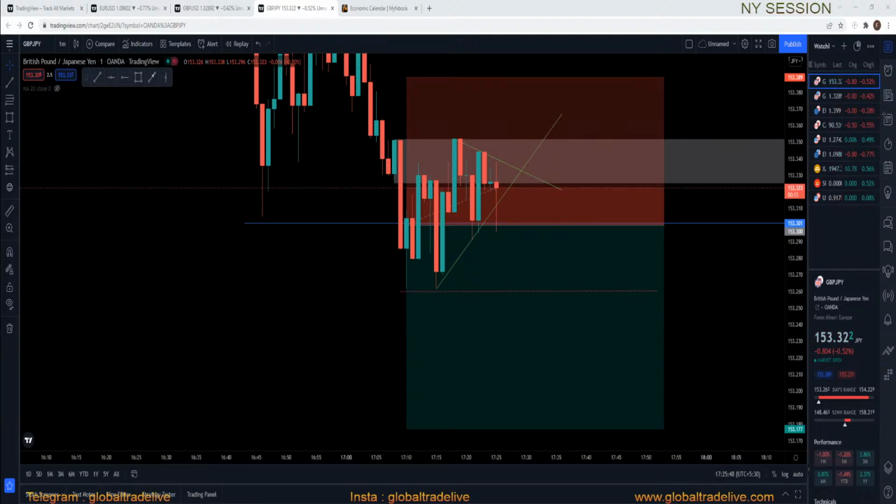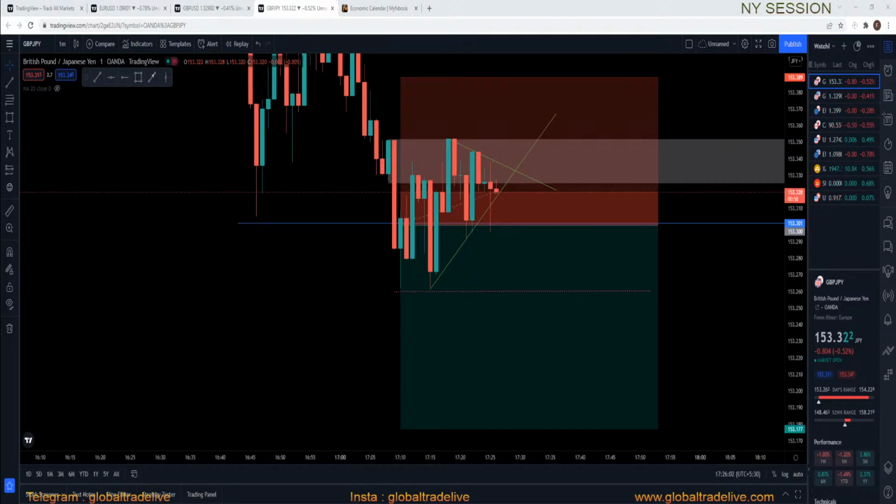Now it's time for GBP JPY to break somewhere. It might break up, it might break down, but by looking at the trend and everything, let's see what happens. Showing some serious rejections in this area.